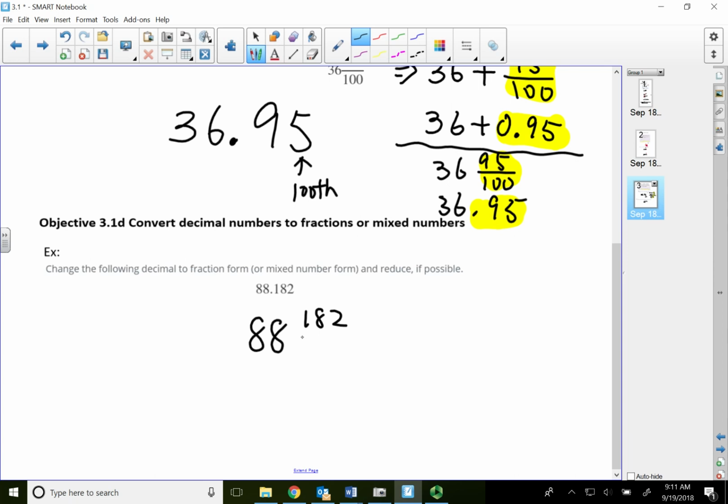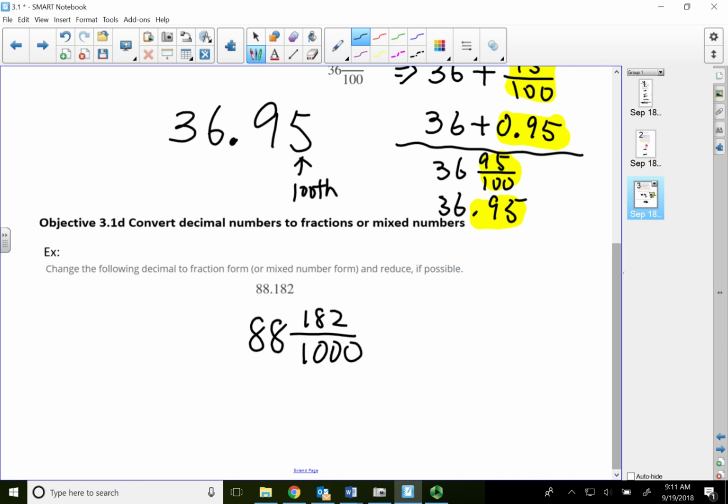The 2 is sitting on the what? Thousandths. There you go. When you initially read the decimal the proper way, that also allows us to write out the mixed number: 88 and 182, and the 2 is sitting on the thousandths. So that's the fraction part, that's the denominator.